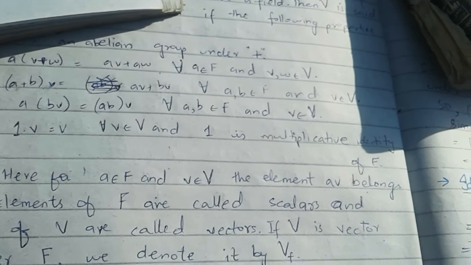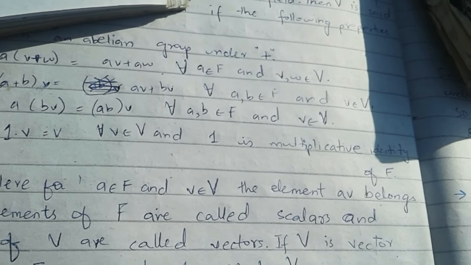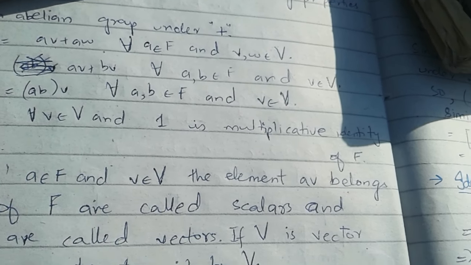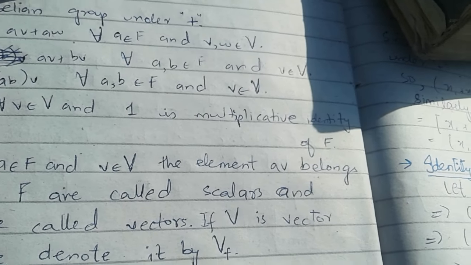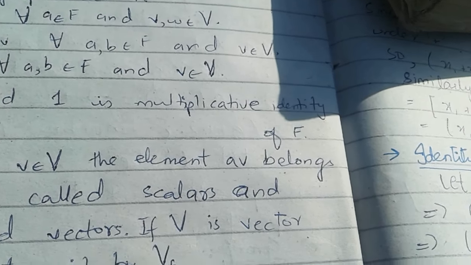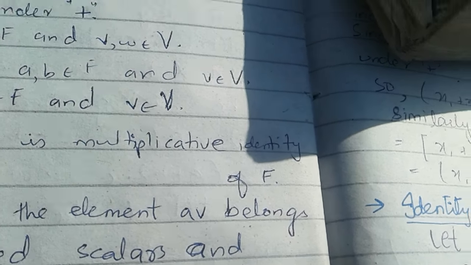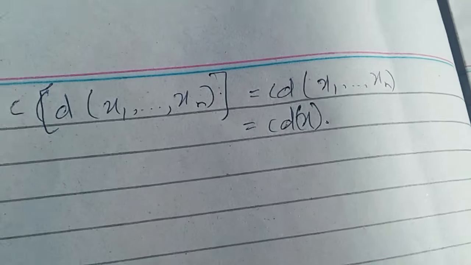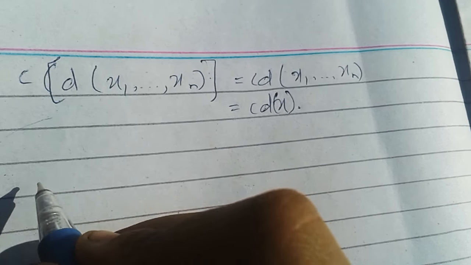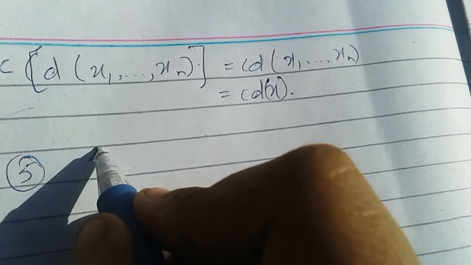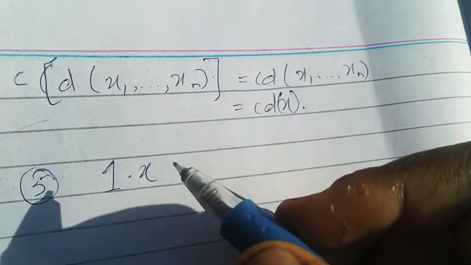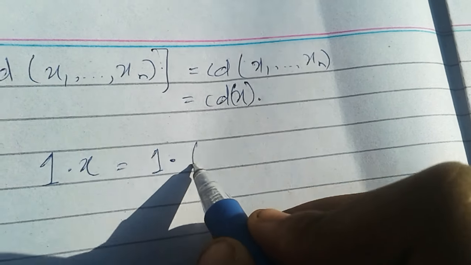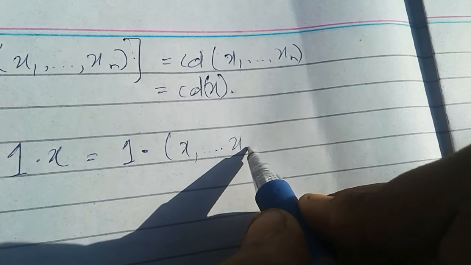Now the last property is that whenever we multiply 1 with one of the elements of the given set, then the resultant element is also an element of the set, and 1 is the multiplicative identity of the field. So now multiply 1 with x. x is one of the elements of the given set, and x value is (x1, ..., xn).